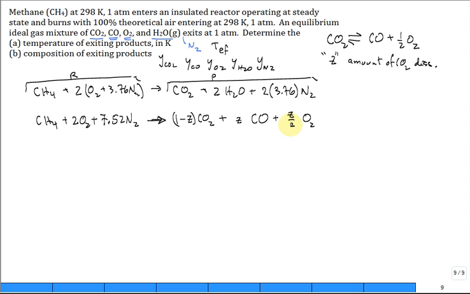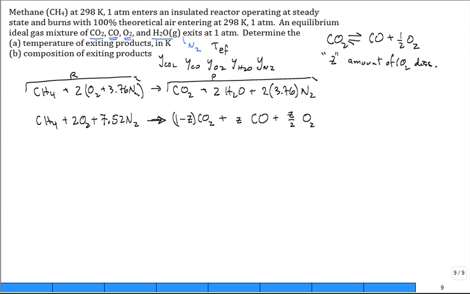You see that? That's complicated, right? Because you have Z as the extent of the dissociation of CO2. If Z is 0, I have no O2. If Z is 0, I have no CO. Let's say Z is 1. If Z is 1, I have no CO2. It all dissociated. And then I'll have 1 CO, but only a half of O2.